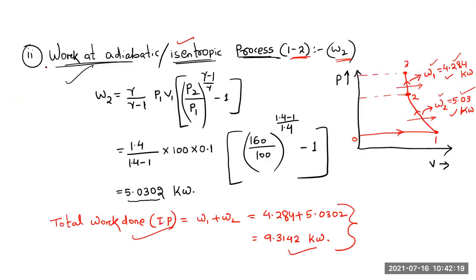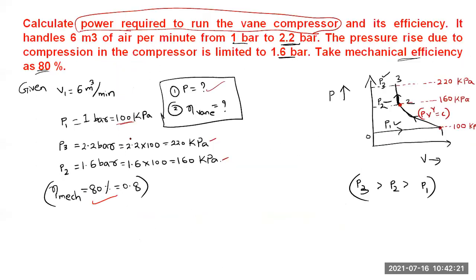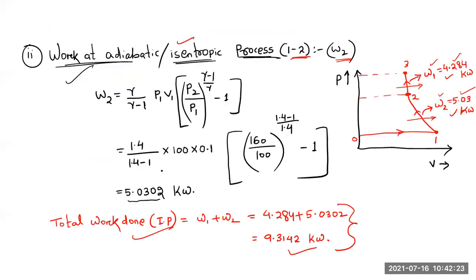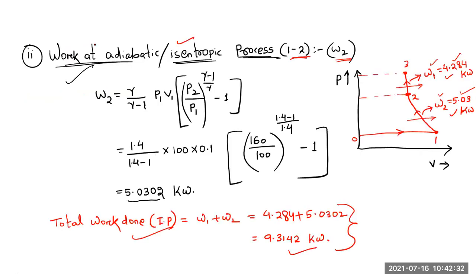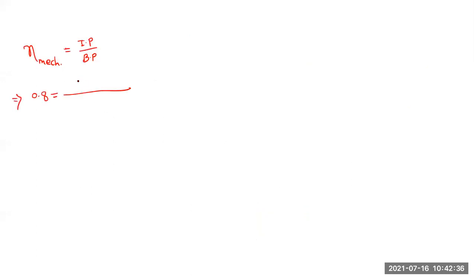In the question it is given as 80%, which means 0.8, equal to the total indicated power 9.3142 divided by brake power. Now simply solve this and we will get the brake power.